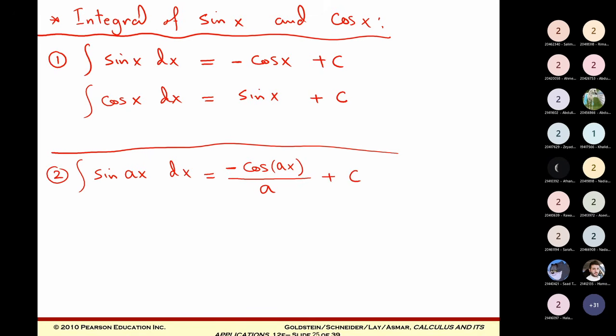Of x. Also for the integral of cosine ax dx, this is equal to sine ax over a plus c. The coefficient of what? Of the x. Example about this, definite or indefinite integration.